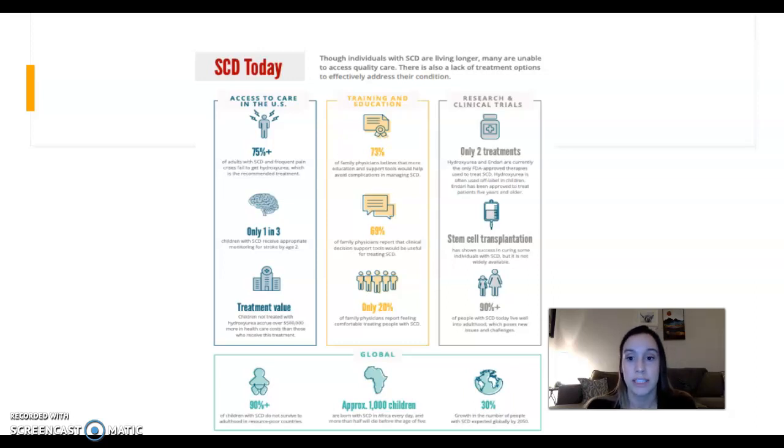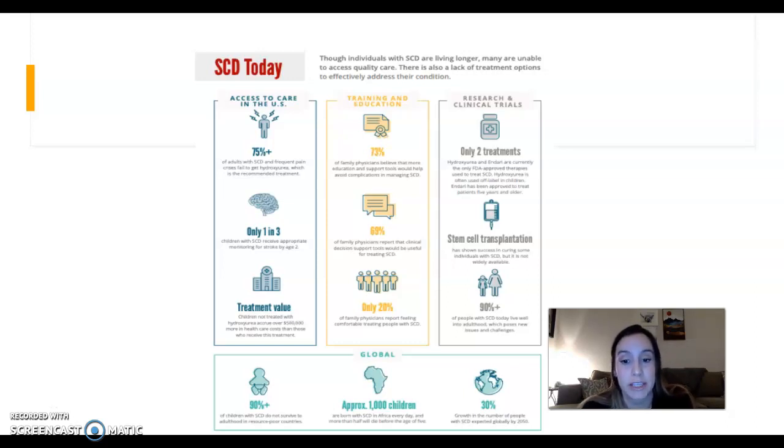Only 1 in 3 children with sickle cell disease receive appropriate monitoring for stroke by age 2, because children and newborns with sickle cell disease are likely to have strokes when they're really young. If they're not getting the health care that is needed for this disorder, they could end up having a lot of problems down the road.